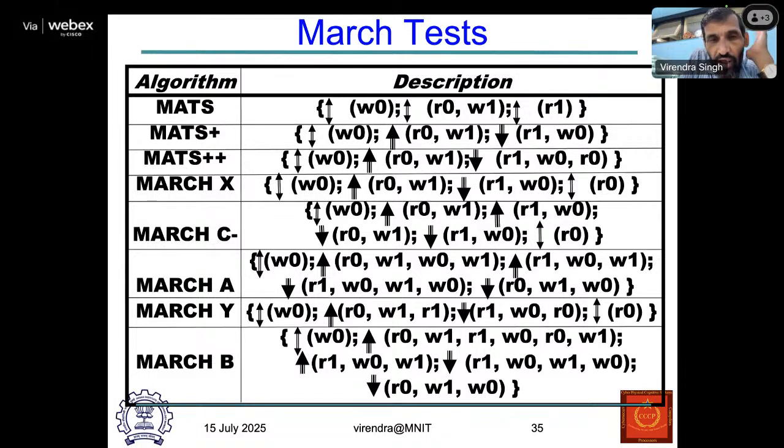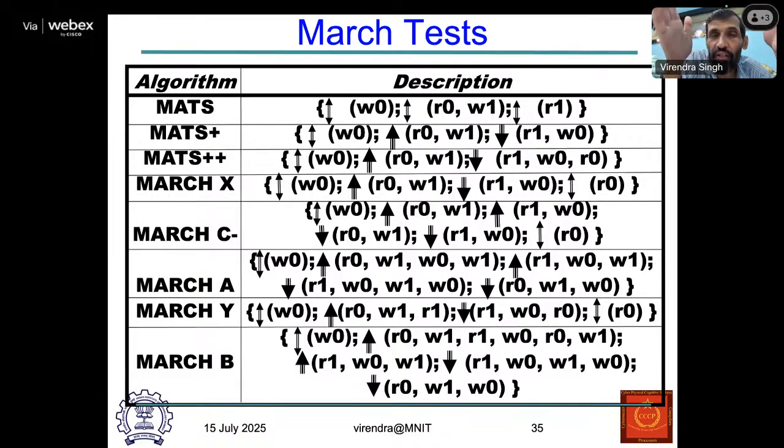The complexity of this is 4n. That means I need to do 4 operations with every cell. This is how we can develop a test that is feasible to apply in a given amount of time.